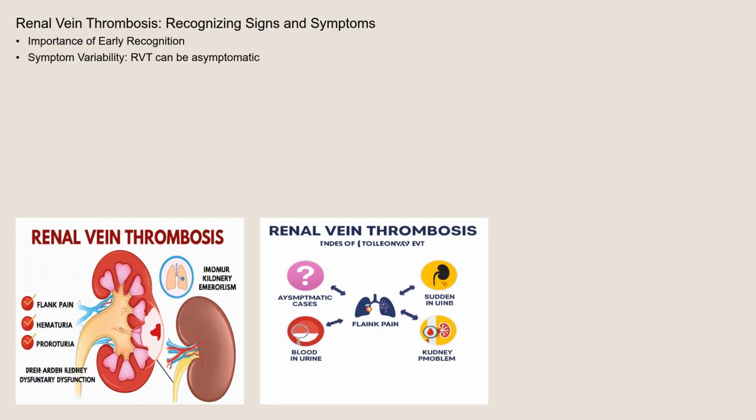Proteinuria, the presence of excessive protein in the urine, can also be an indicator, particularly in patients with nephrotic syndrome. In some cases, RVT can present with a sudden onset of kidney dysfunction, leading to decreased urine output, swelling of the legs and ankles, edema, and high blood pressure. Rarely, RVT can be associated with pulmonary embolism, a potentially life-threatening condition where a blood clot travels to the lungs.